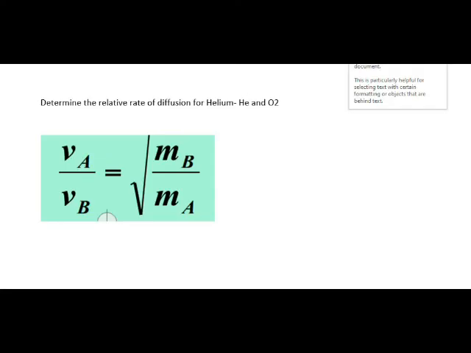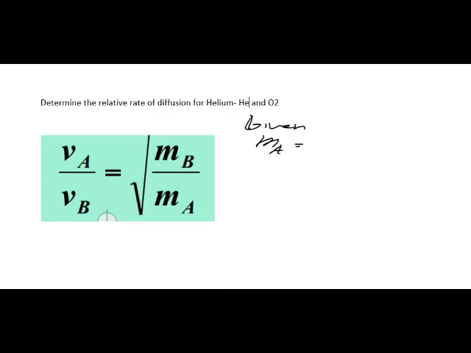Determine the rate of diffusion for helium and oxygen. So we're going to use Graham's law for this problem. This is the formula for Graham's law. So let's find the given. Given number 1, which is helium.